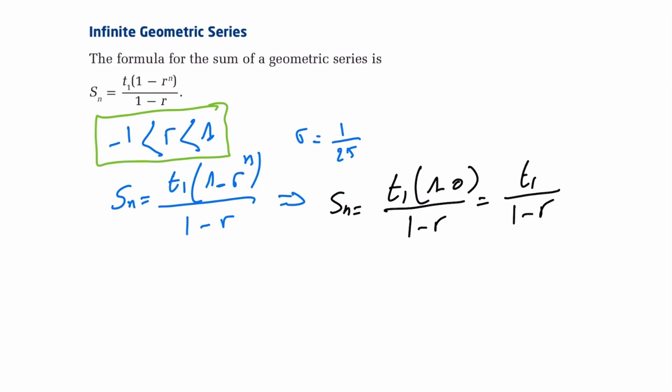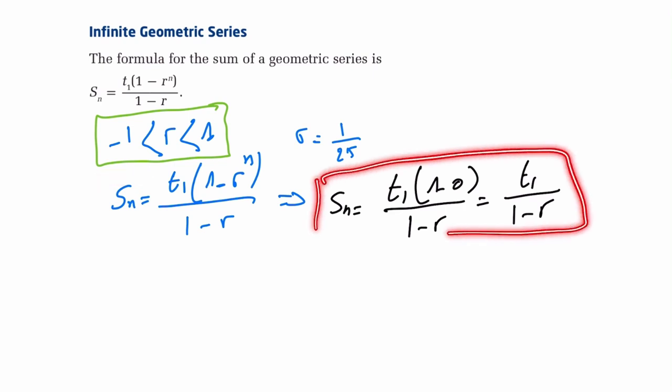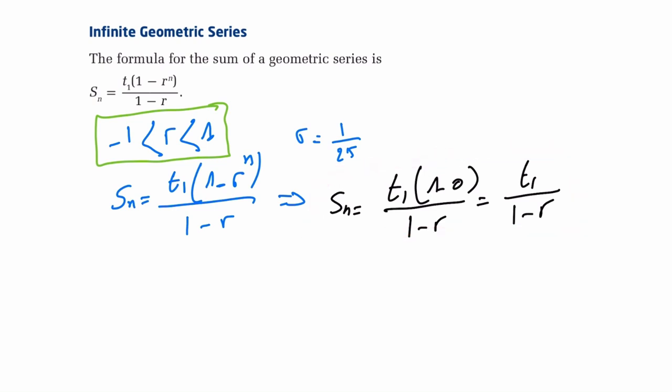In that case, the infinite geometric series can be calculated, and we can find it using this formula. However, if my r is less than -1 or greater than 1, we cannot find the infinite geometric series, because the series will just diverge to a very large number.